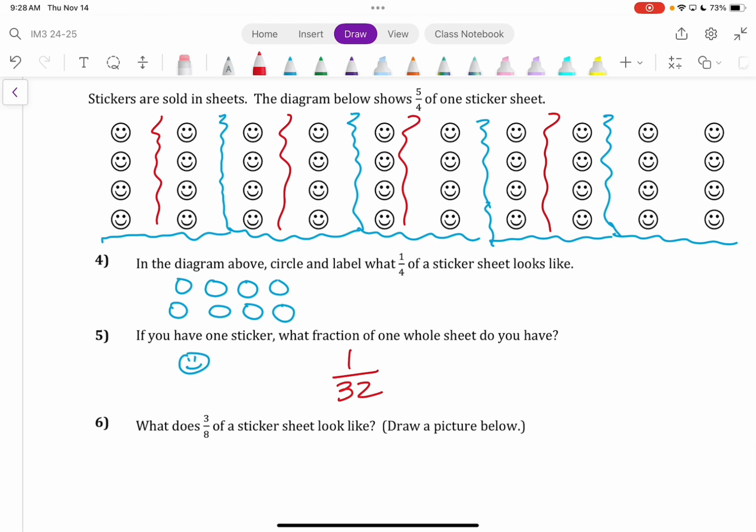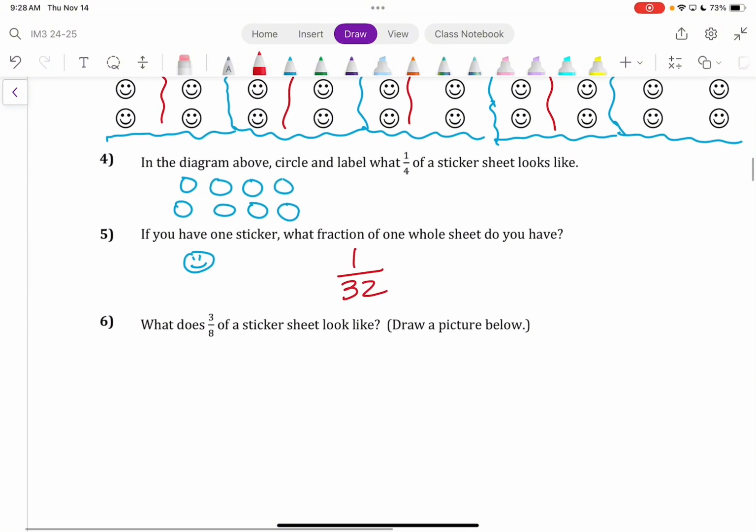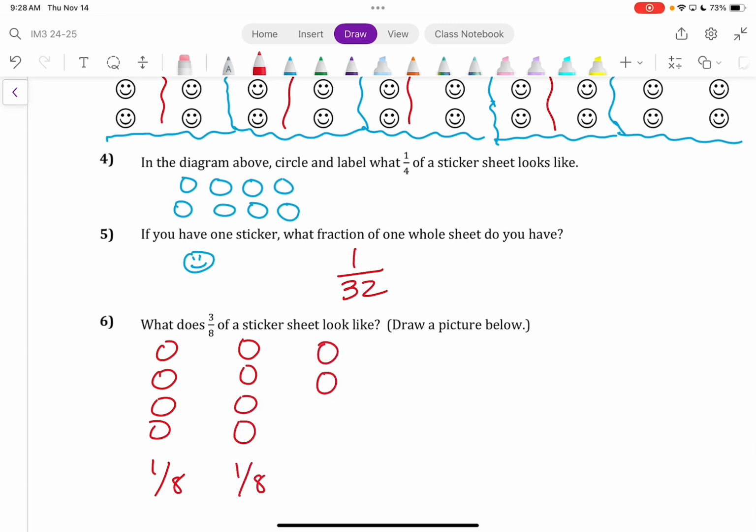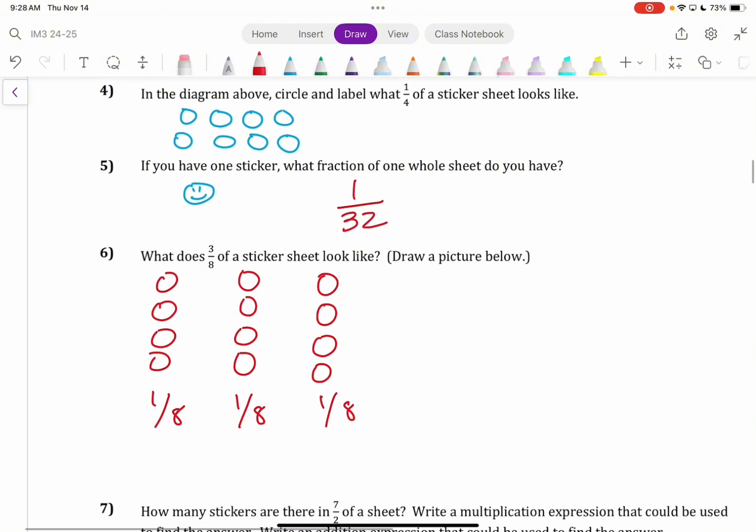Each group of 4 stickers makes a total of 8 groups that add up to 32. So this right here is one group, right? This is 1/8. This right here, another group of 4, is another 1/8. And then if I wanted to do 3/8, I would need to make a third group, giving me a total of, what is that? 4, 8, 12. 12 stickers. Does that make sense so far? Okay, very good.